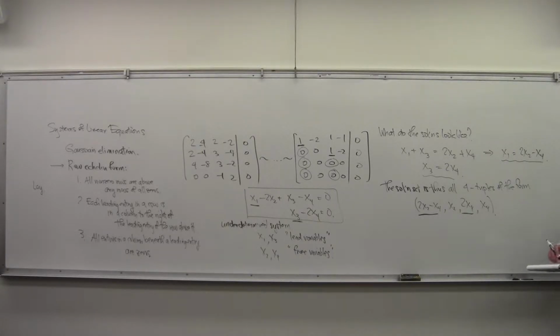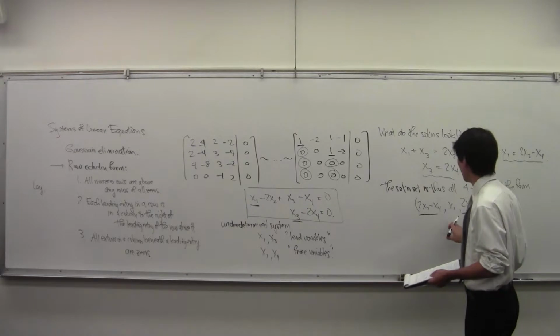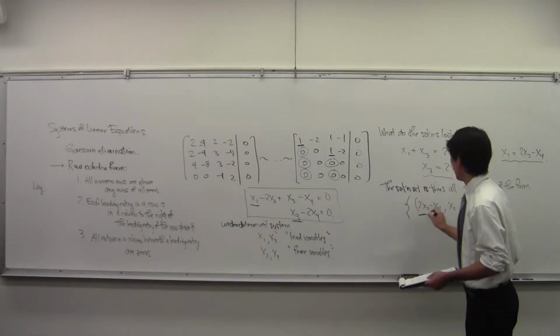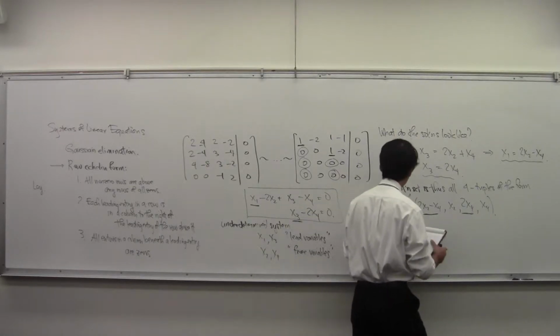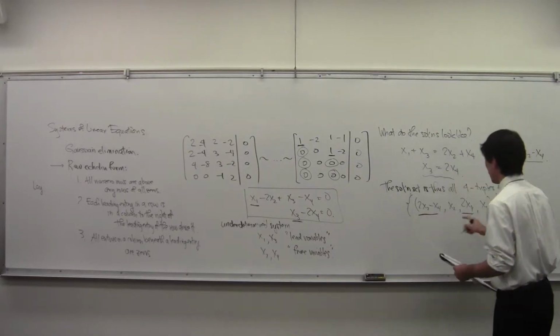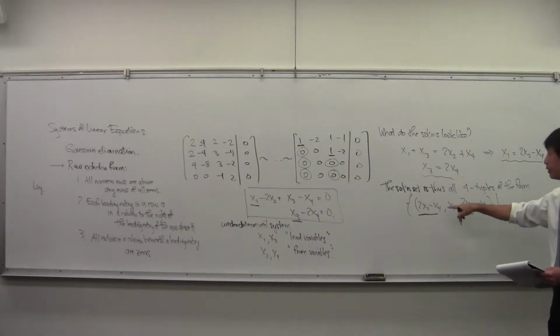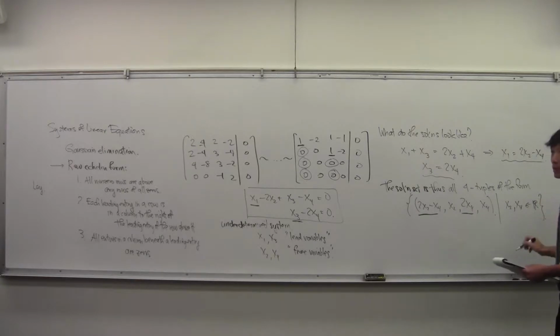So say if the problem is to solve an equation, would we just give an answer in this form? Yeah. So if they ask what's the solution set of the system corresponding to this matrix, you'd work it out and say the solution set is the set of vectors that look like this, where x2 and x4 can be any numbers.